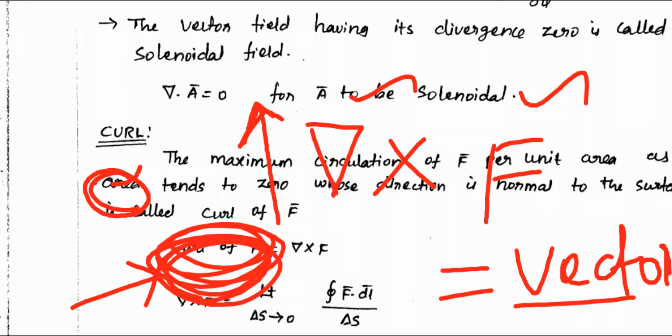That means, what is the result of that rotation? Once you are rotating something, definitely there will be some result for that. And this vector gives the direction of the result and how much result is there. The vector magnitude will give you how much result is there, and also what is the direction of the result.